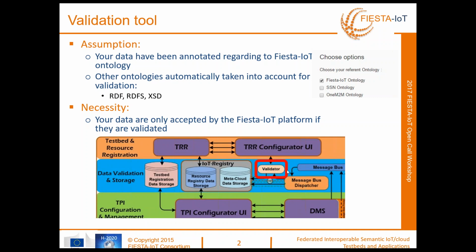But it is still very necessary, because otherwise, if your data has any problem in annotation, they will be rejected by the platform. So that's why we will provide you a user interface to validate your data before pushing it to the platform.